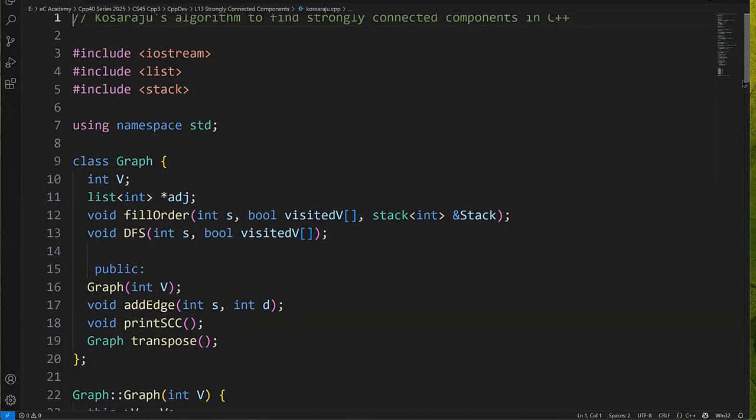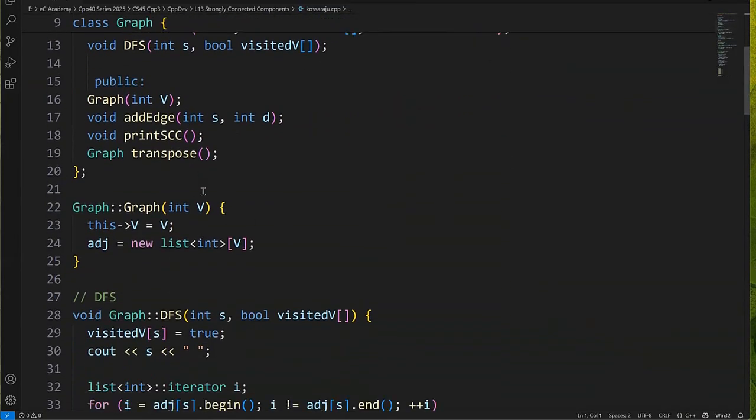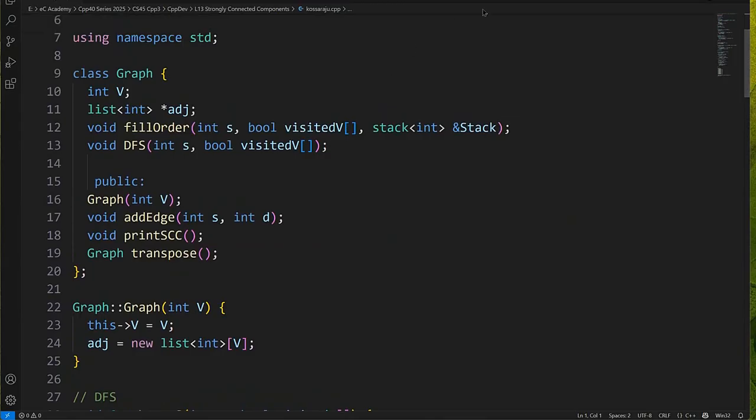Now the constructor is right here. In the constructor, you will create a new list of integers. So this one is an adjacency list of V size. It is a pointer to a list of integer type, so it is a pointer to an array of lists.